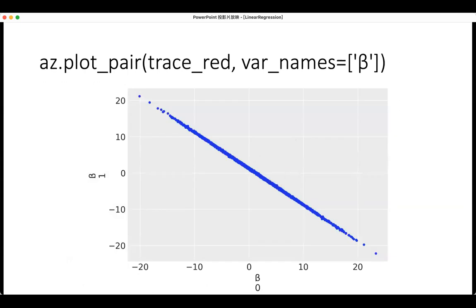If you plot beta 0 against beta 1, you can see that when one increases, the other one decreases. This is an indication that one of them is a confounding variable.